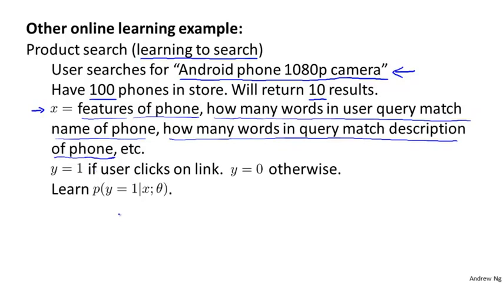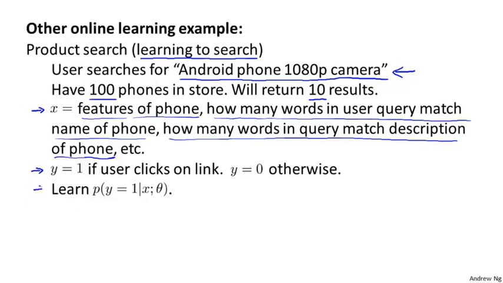What we'd like to do is estimate the probability that a user will click on the link for a specific phone, because we want to show the user phones that they're likely to want to buy. We want to show the user phones that they have a high probability of clicking on in the web browser. So I'm going to define y equals 1 if a user clicks on a link for a phone, and y equals 0 otherwise.